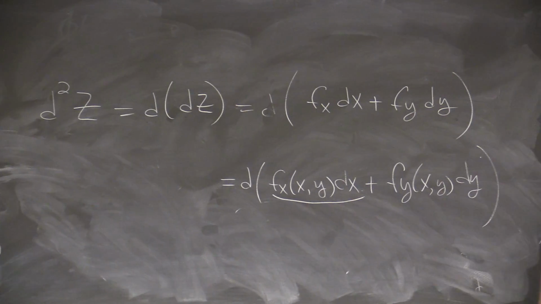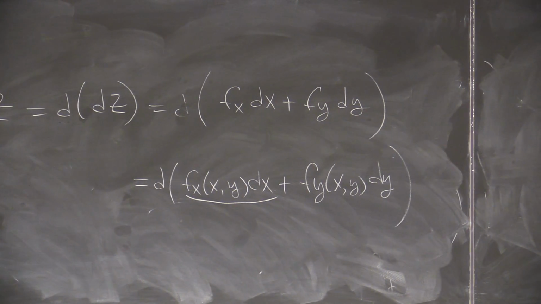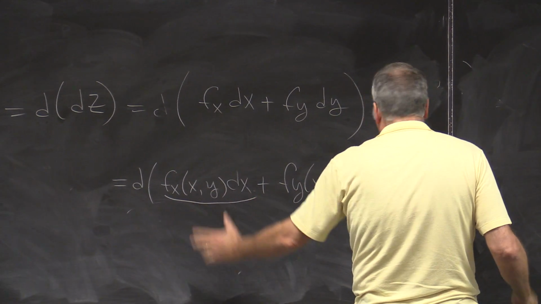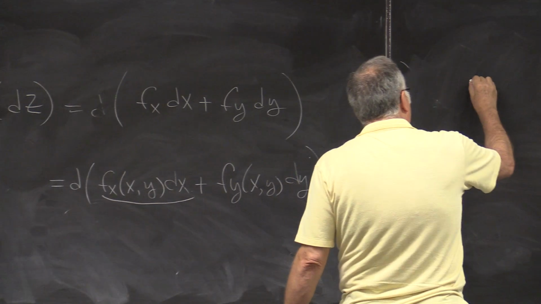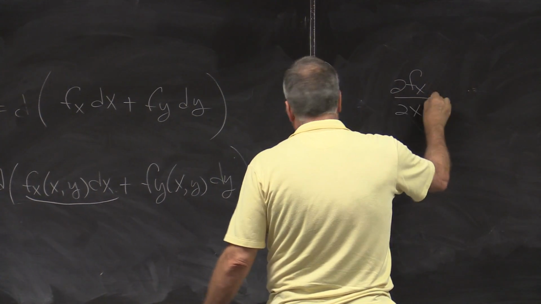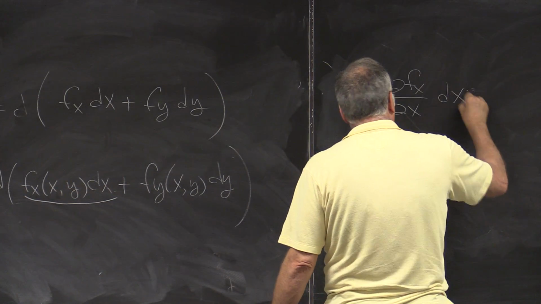What is that? Well, the total differential of this part right here is just the partial derivative of f sub x with respect to x. Take the partial derivative of this with respect to x, multiply it times the dx.